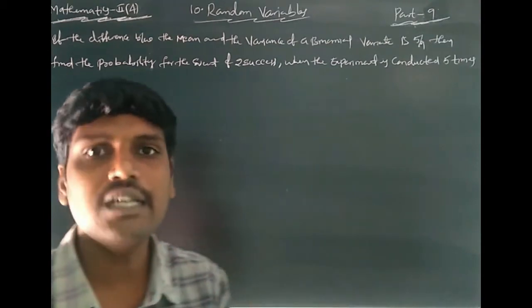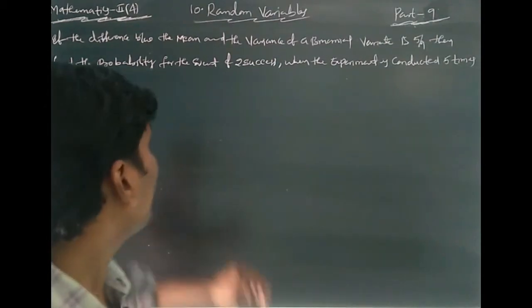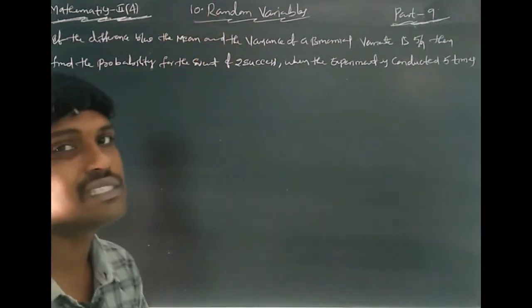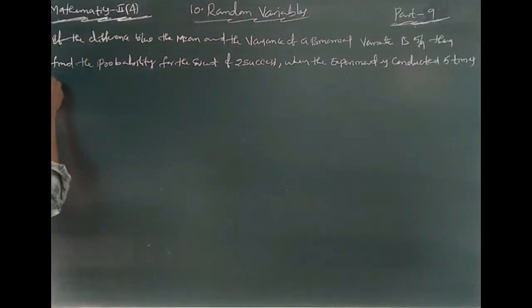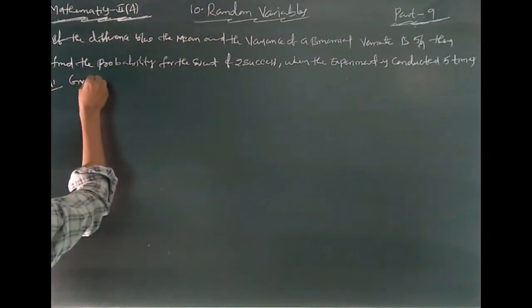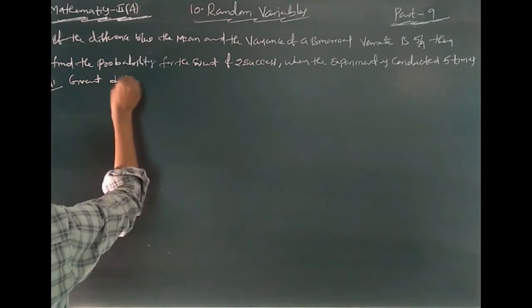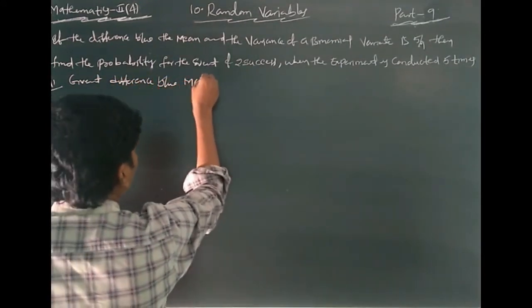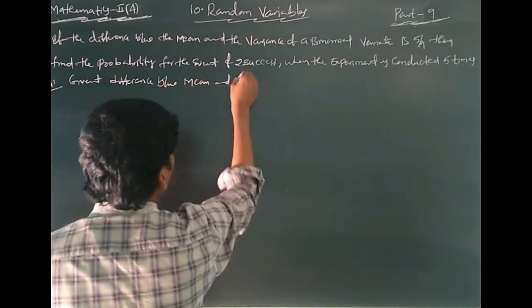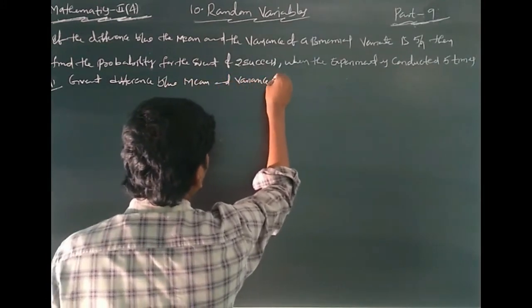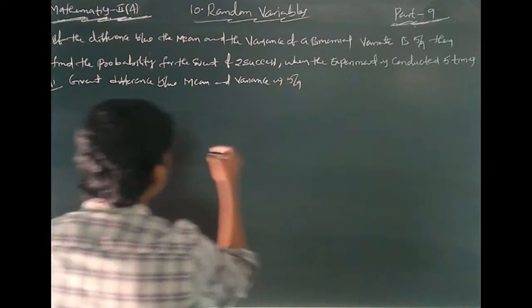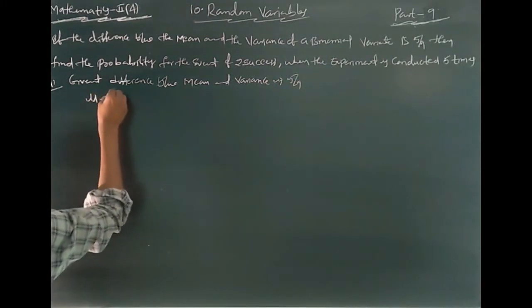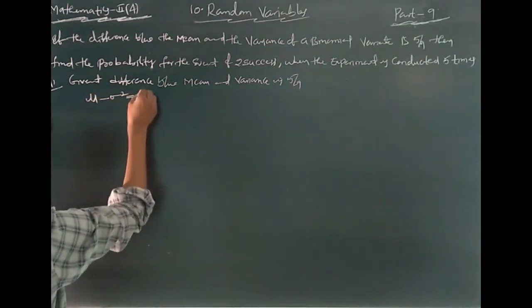First you find the parameters by using the mean and variance difference. Here what is given? The difference between mean and variance is 5 by 9. Mean mu minus variance sigma square is equal to 5 by 9.